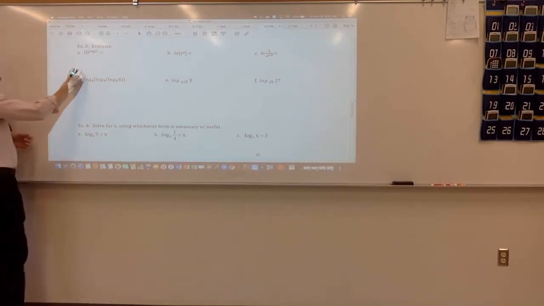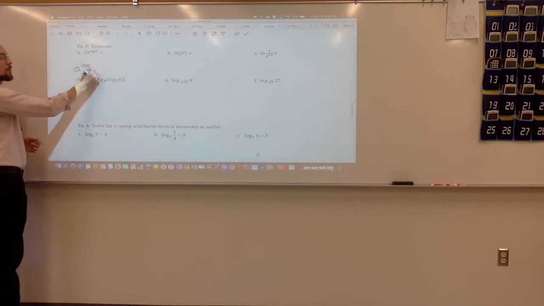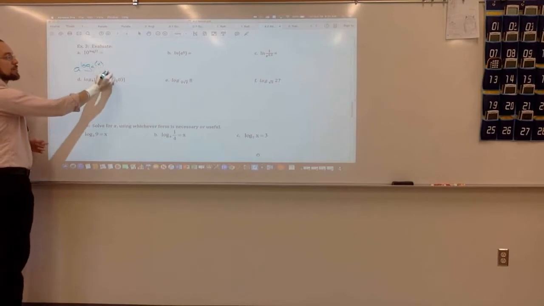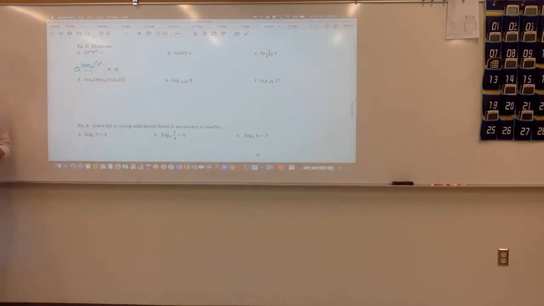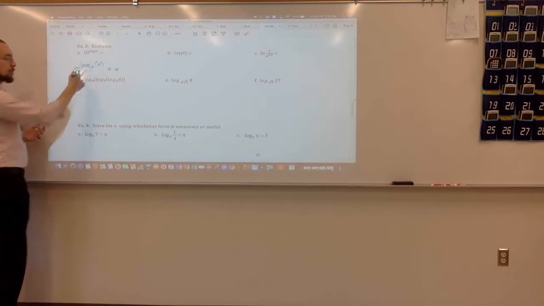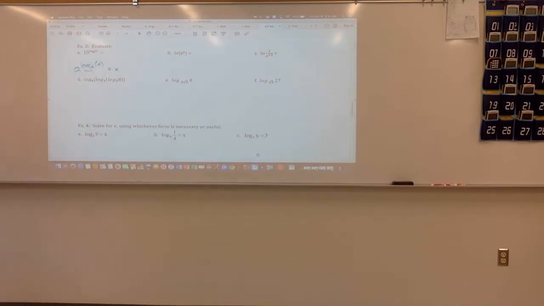So one of our properties that we talked about was a to the log base a of x equals x. If I've got an exponential raised to a log with the same base, those essentially cancel out. And remember, I'll be able to give you a much more mathematical reason once we do the next section.